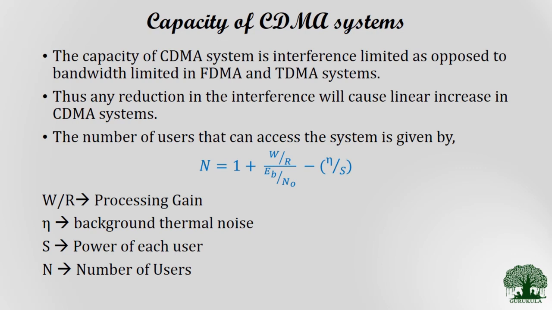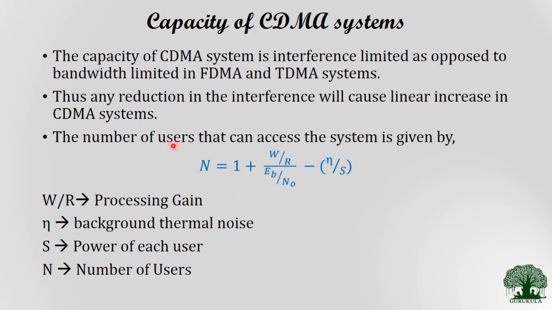So it is always better to have an acceptable limit, where the number of users that can access the system at the same time is given by the equation shown here, where W by R represents the processing gain, eta represents the thermal noise present in the background environment, S is the power generated by each and every user, and N represents the total number of users.